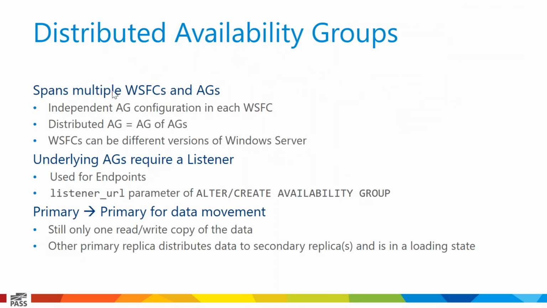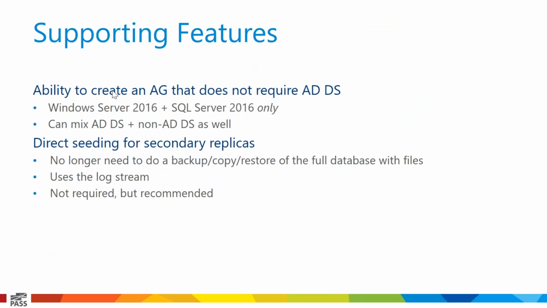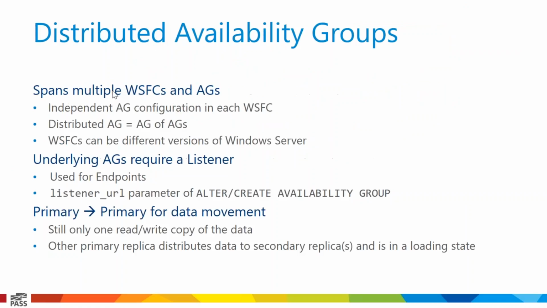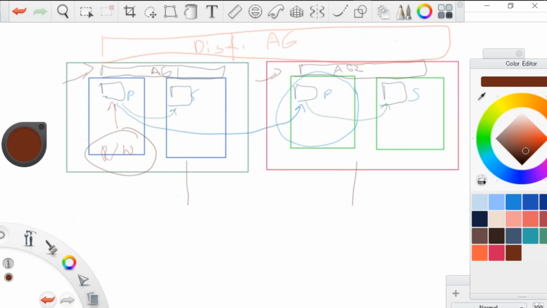So, why would you really want to use this, okay? The first thing is sort of obvious, and it's an OS migration, right? So, again, I started out on Windows Server 2012 R2, and the nice thing about this is your AGs do not have to be on the same underlying OS platform.